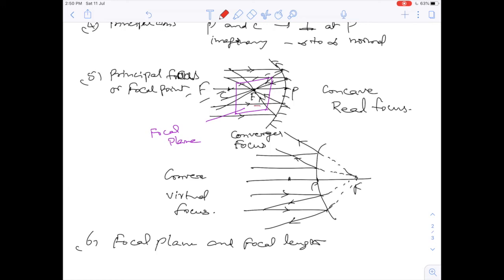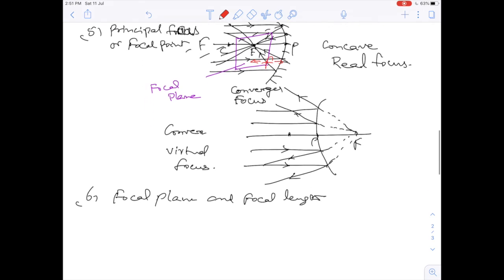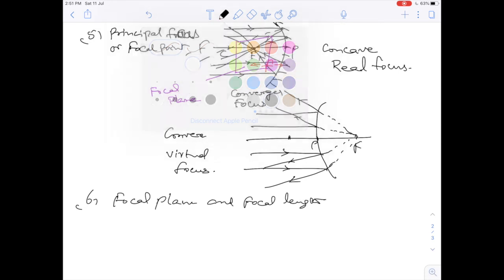And the distance between the focus and the pole is called the focal length. So, the length from pole to principal focus is the distance called the focal length, which is equal to small f.